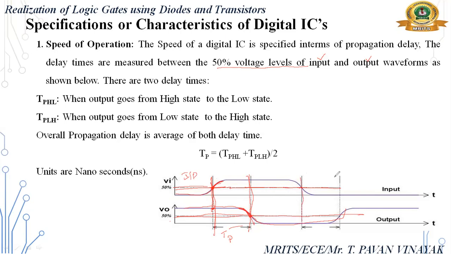Similarly here, we call it propagation delay. We measure for output only. So here output is high to low, so this part is called TPHL. This part is TPLH.